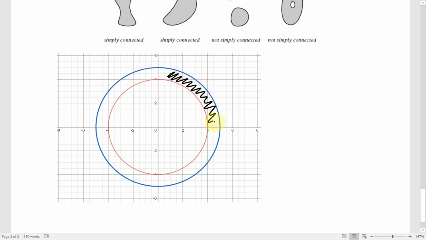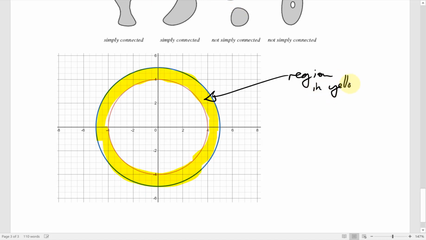So really the region D that I'm interested in is all of this region between the curves. The region is that area there in yellow. The curve C is actually the boundary of that region.